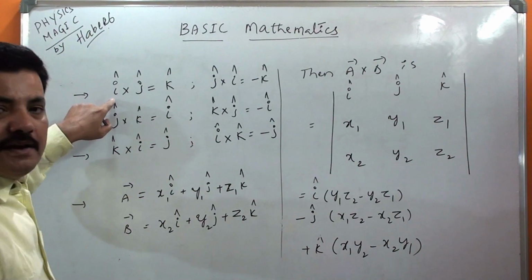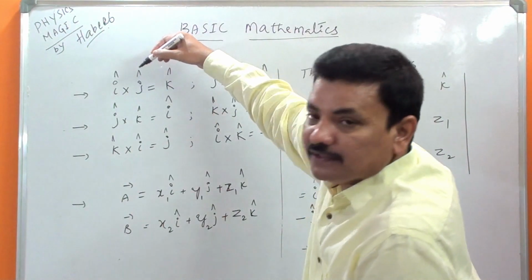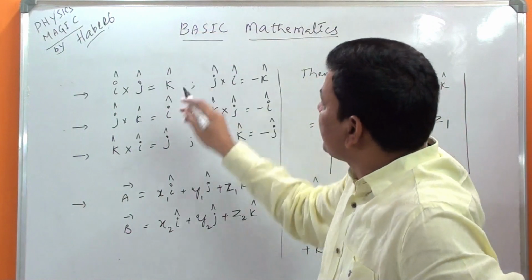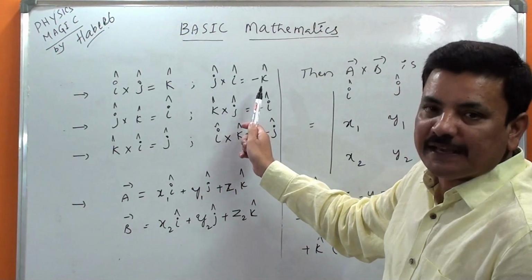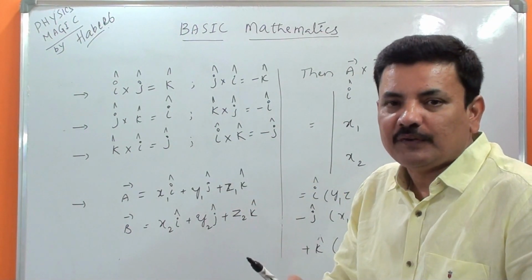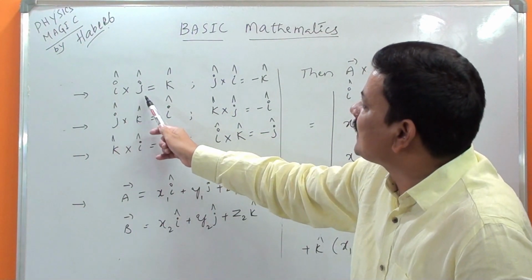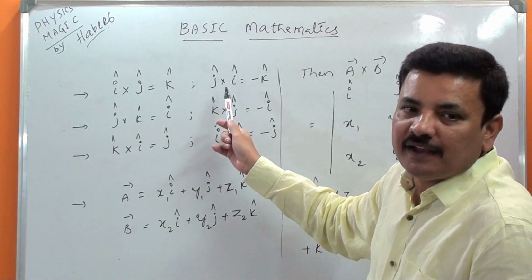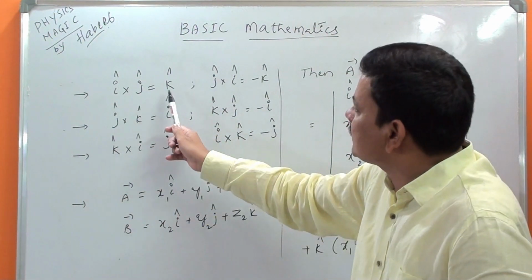So i and j are different unit vectors, so the cross product is different. i cross j is equal to k, and the reverse of this, j cross i, is equal to minus k. So the cross product follows a rule, we have to go in one order. Just like that, we cannot write i cross j is equal to j cross i. The magnitude may be the same, but the direction may be different.